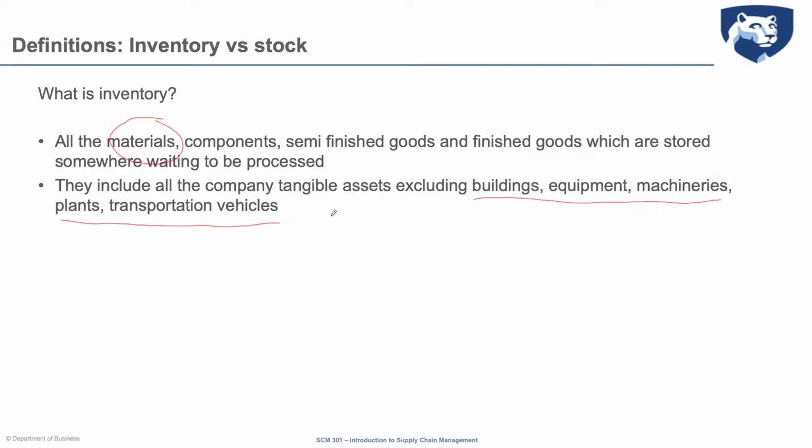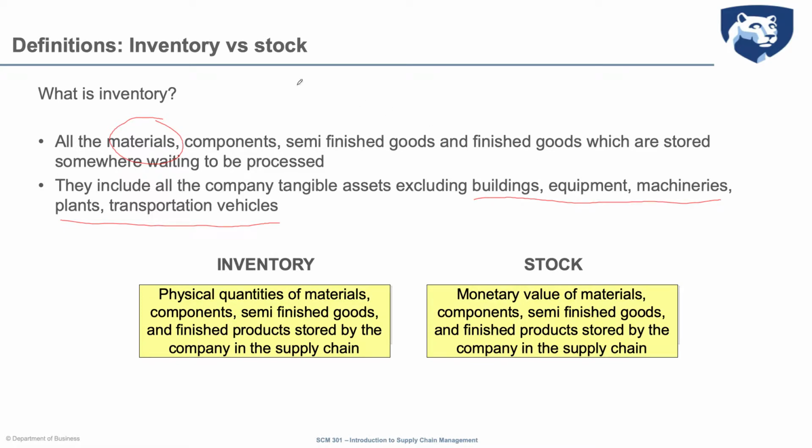We'll see that inventory has costs associated, and buildings, equipment, and machinery are treated in terms of cost through depreciation and amortization. So for this reason, they are not formally included in inventory in a supply chain, even if you can store equipment, machinery, or vehicles, because these are not formally part of the concept of inventory in supply chain management.